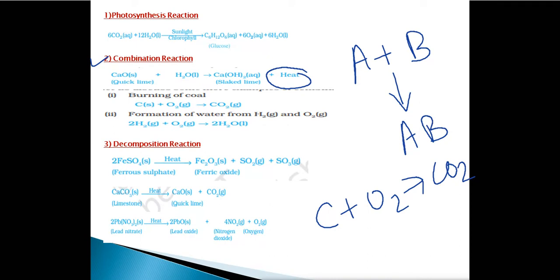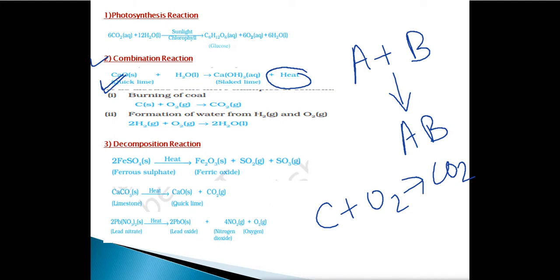The reaction in which a large amount of heat is released along with the products is called an exothermic reaction. So this reaction is an example of combination and also of exothermic. Calcium oxide, that is quicklime, will react with water to give you slaked lime, Ca(OH)2, calcium hydroxide. Along with that heat is released.